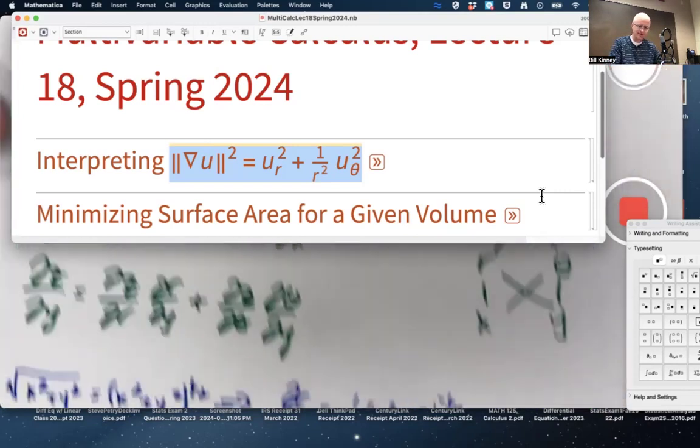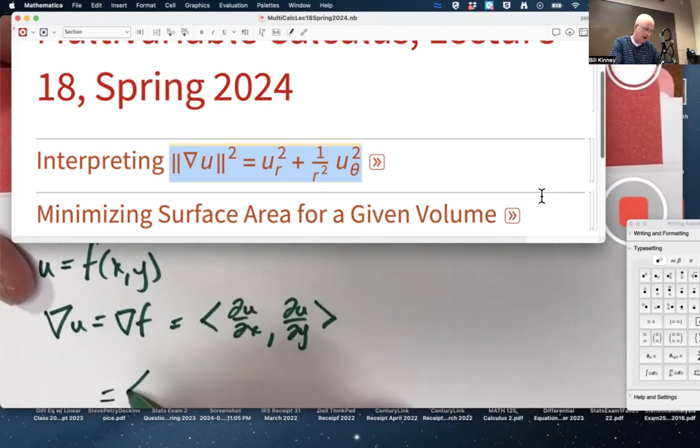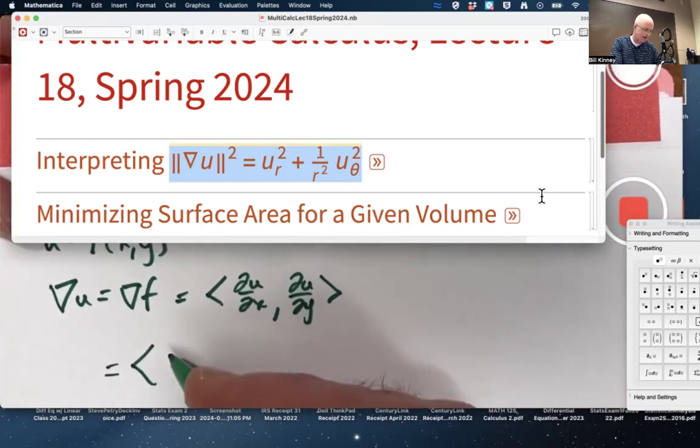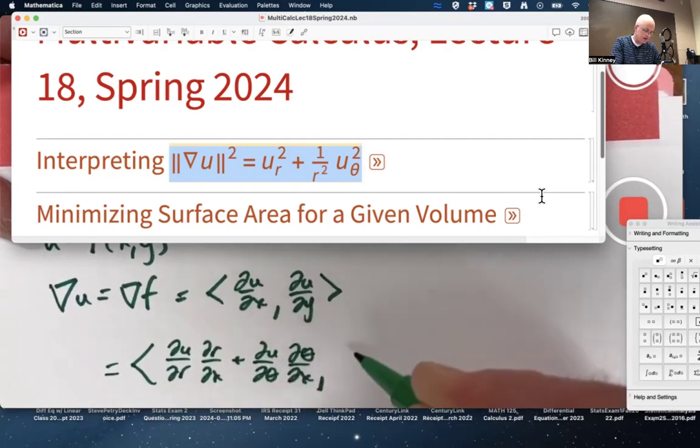I'm using u instead of z, but this is what I'd be using. Let's go ahead and rewrite it. So I'd get partial u partial r times partial r partial x plus partial u partial theta times d theta dx. Do the same thing with y instead of x.